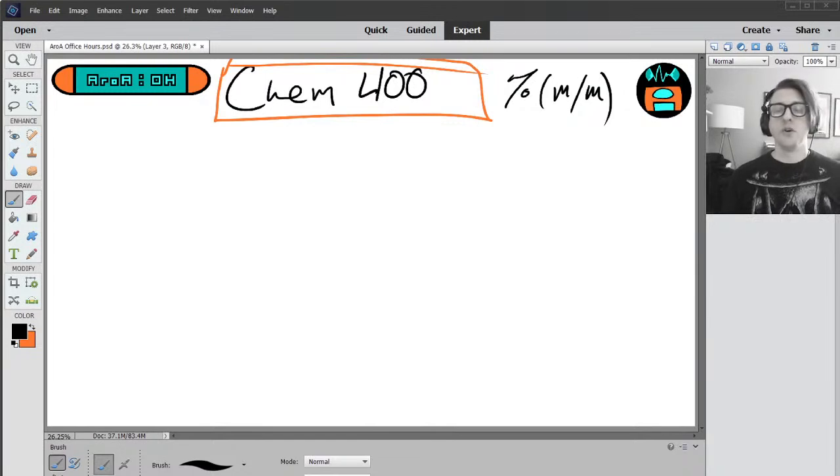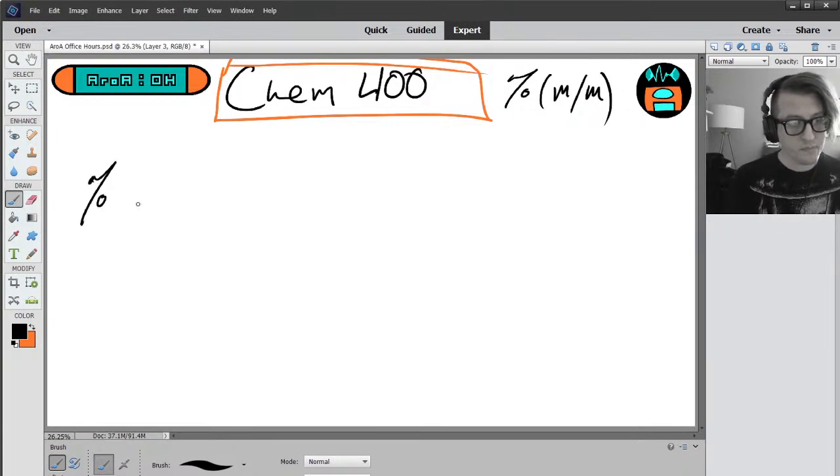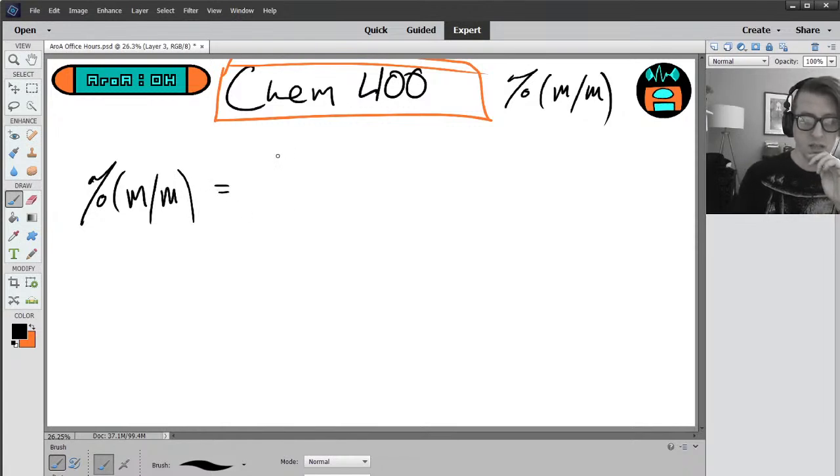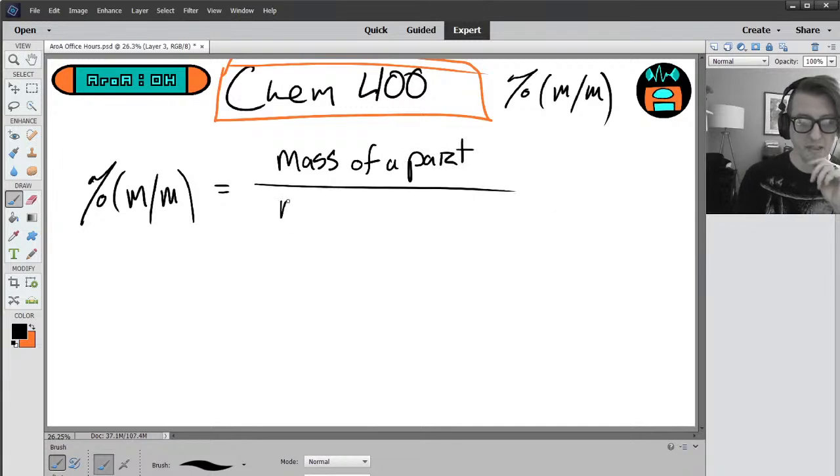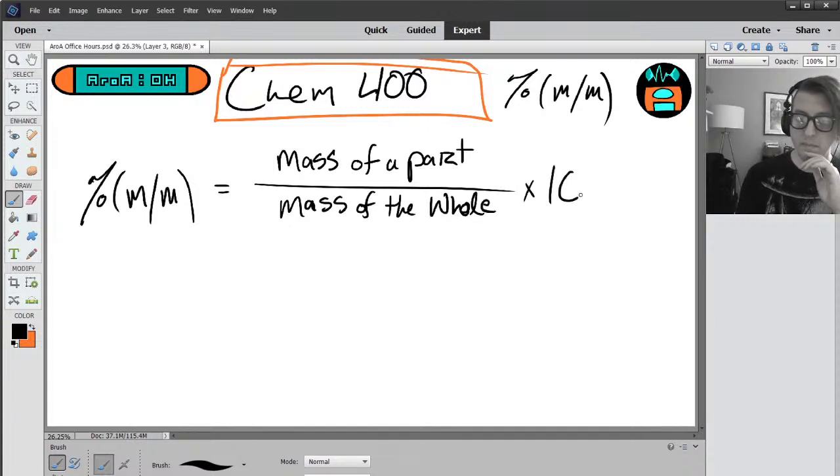So percent by mass, generically, is the mass of a part divided by the mass of the whole, whatever it is we're talking about, multiplied by 100.